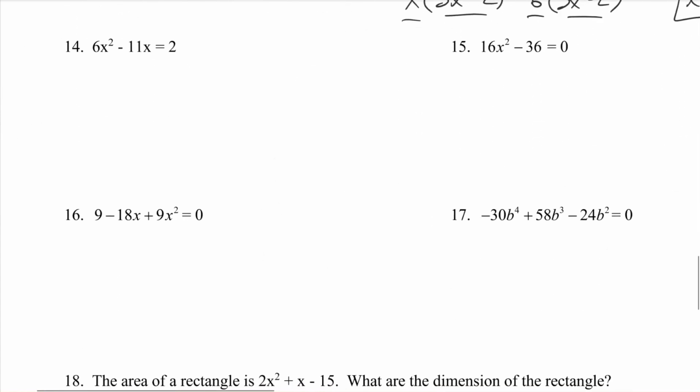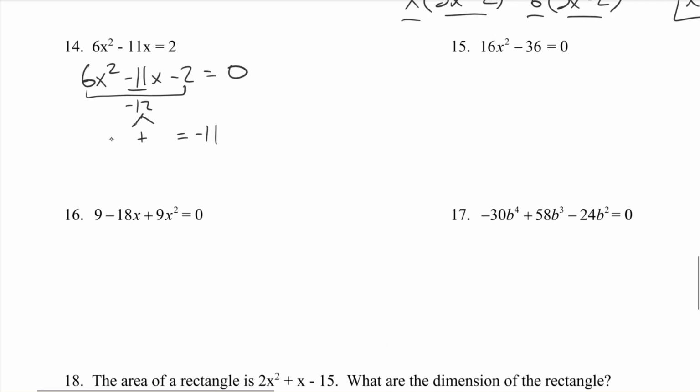Question 14. Same thing, set this equal to 0. 6x squared minus 11x minus 2 equals 0. Don't have any common factors, so I'm looking for factors of -12 that are going to add together to make -11.